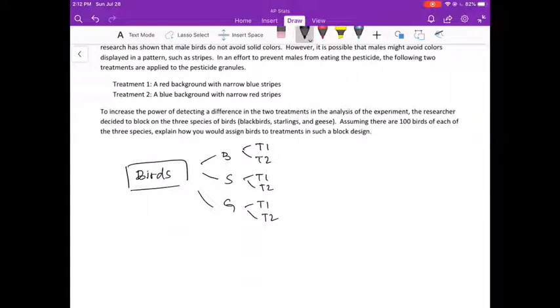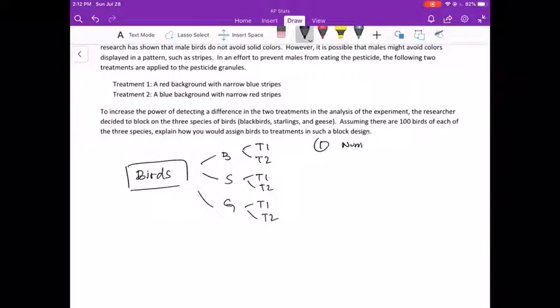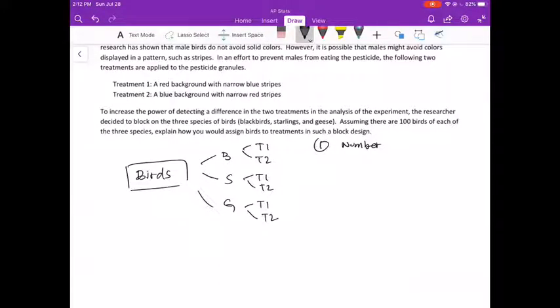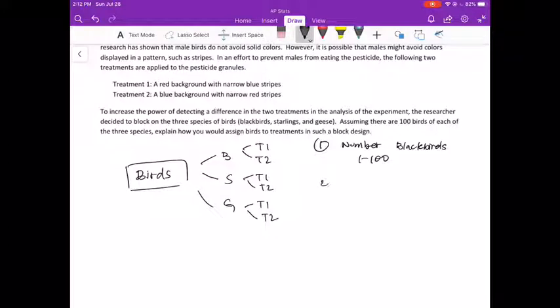Okay, so you're gonna number the blackbirds 1 through 100.